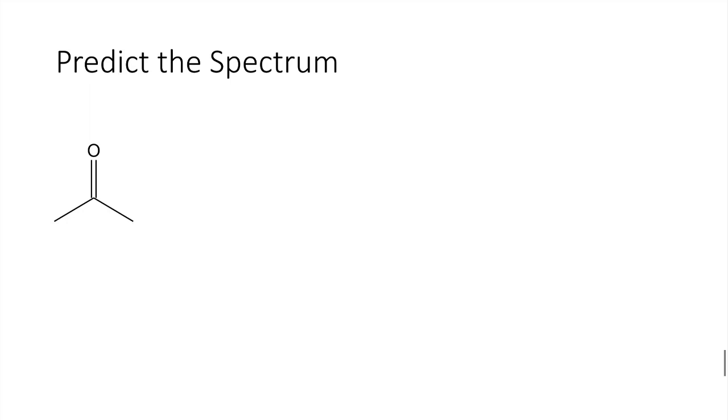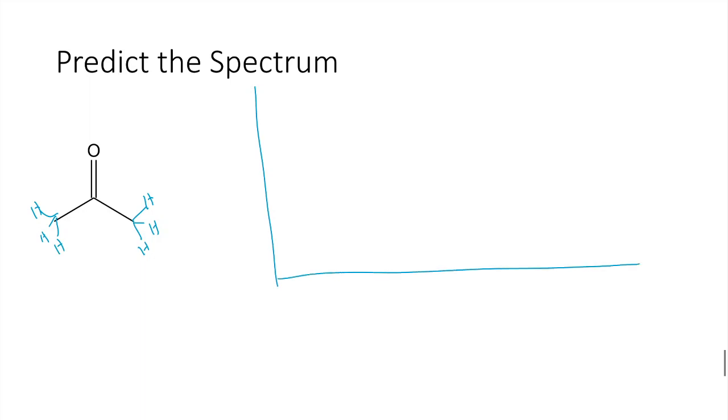Here we have a ketone, and this ketone has some sp3 hybridized carbon-hydrogen bonds. Okay, and so if we draw our IR spectrum, our wave numbers go from about 0 to about 4000. Okay, so just below 3000, we've got some sp3 CH stretching.